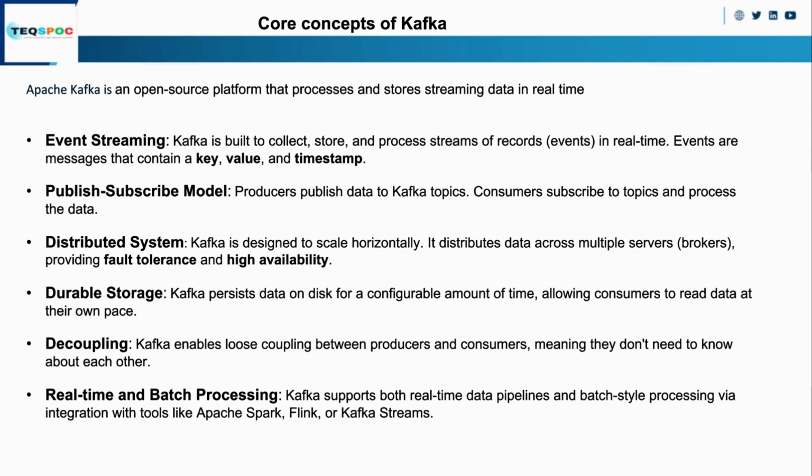Horizontally means whenever my data is growing too fast and I need a bigger cluster, I would introduce another broker. If I have 10 brokers currently and I see my data growing even more, I might need five more brokers, so I have to add five more brokers. I cannot simply extend the existing 10 brokers. That is known as scaling horizontally.